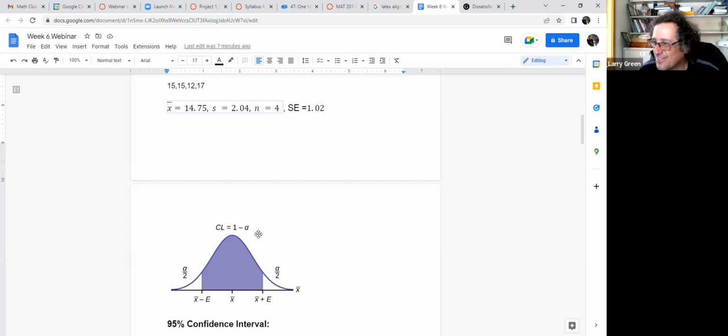This is what everyone in the world, I believe, uses. Can't tell every country, but everyone in America for sure. So they all use that alpha. And the 1 minus alpha, there's a reason to call it 1 minus alpha, but we won't understand the reason until next week. Instead of just using one letter, we're going to use 1 minus alpha. And 1 minus alpha is called the confidence level, and I abbreviate it as CL, or the level of confidence.